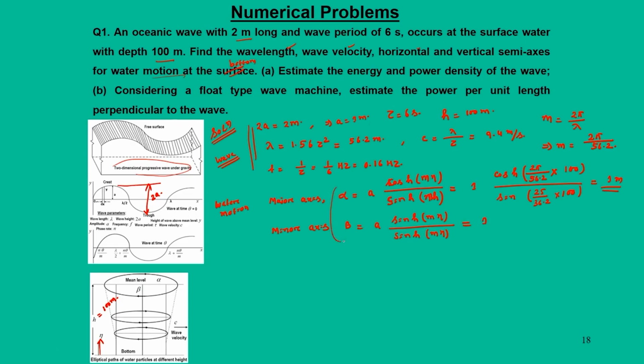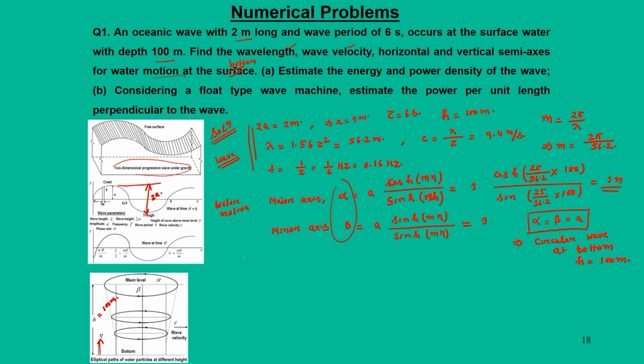What it demonstrates is that alpha is equal to beta is equal to A, which means a circular wave at the bottom, and in this case h is equal to 100 meter. This is exactly what a standard ocean wave follows.